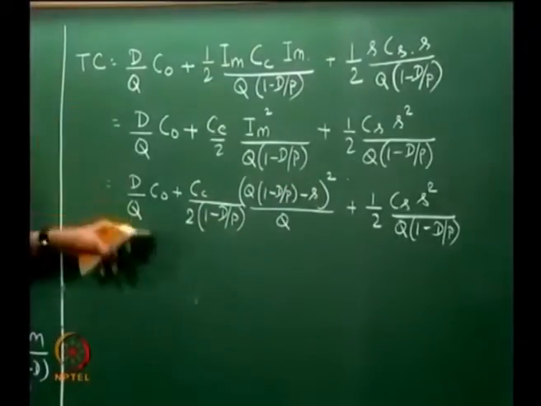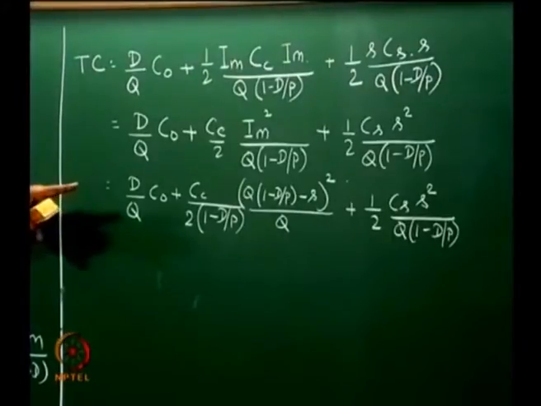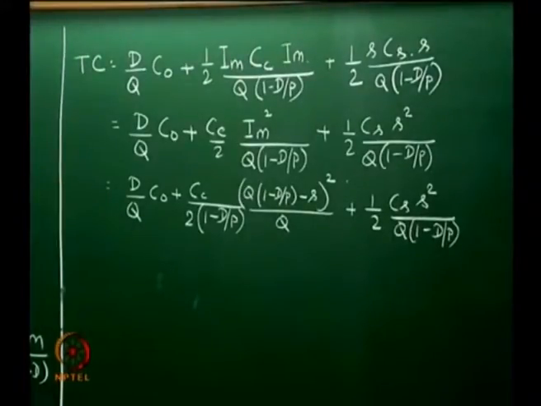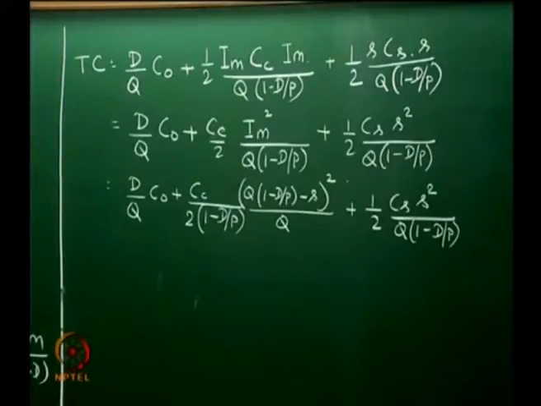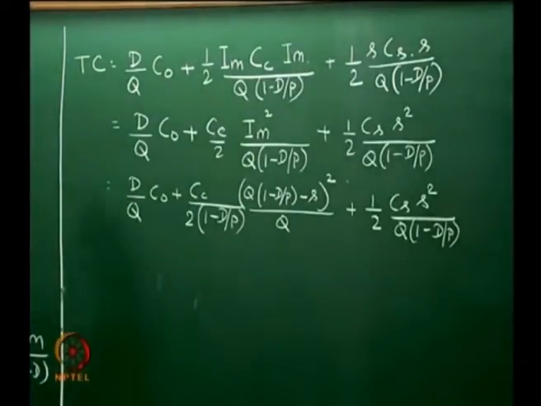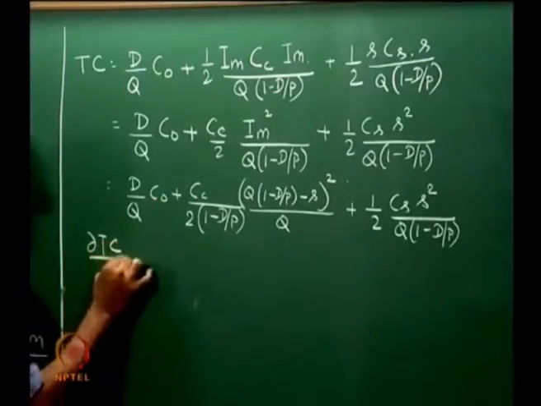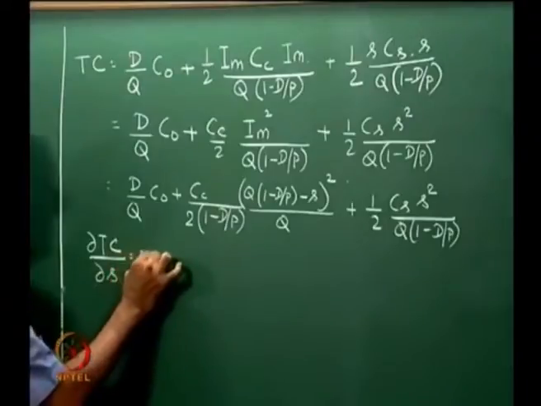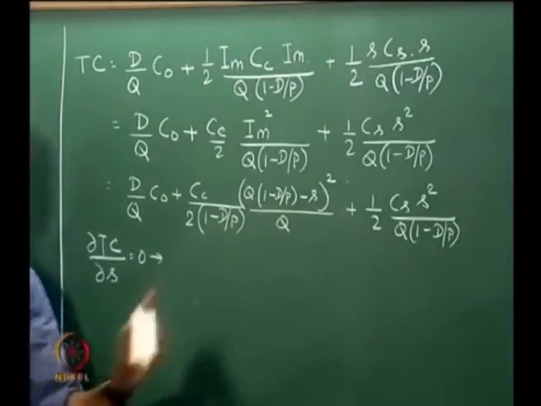Now, we have this expression, we can partially differentiate it with respect to s first and then get an equation or value for s, and then we partially differentiate with respect to q and substitute the value for s and try to get the final one. Then we have a very lengthy derivation which can be done. So, when we partially differentiate with respect to s and set it to 0, dou Tc by dou s equal to 0, these are the 2 terms where we will have s.